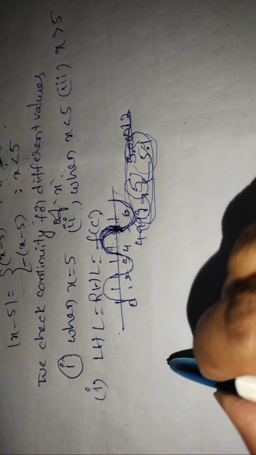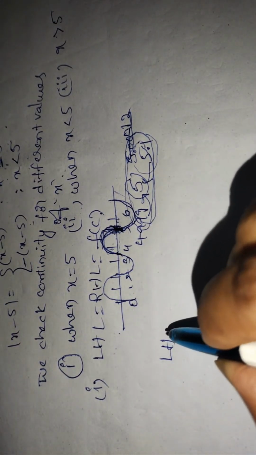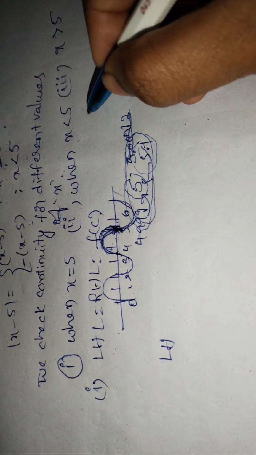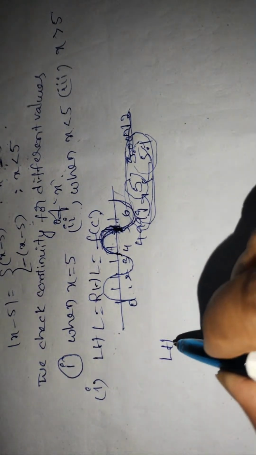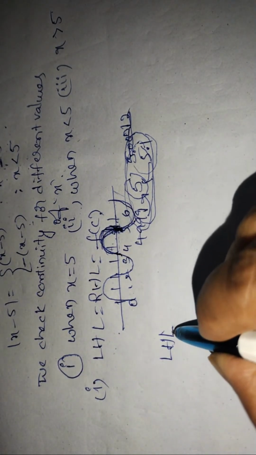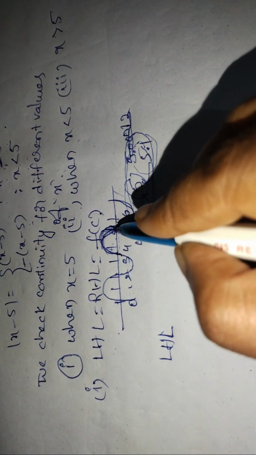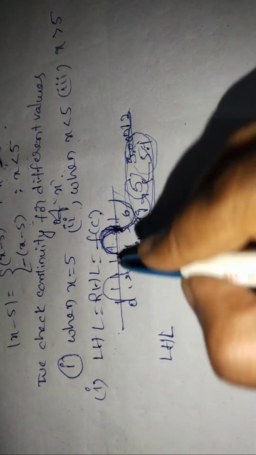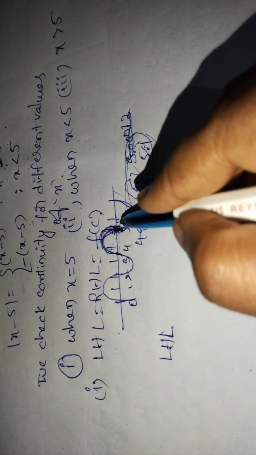So LHL means left hand limit, not LHS. Observe, left hand side is different; before I used LHS, where S means side. Here I will use LHL, where L is limit. Actually 5 is the limit. For 5, left hand limit means the left hand side, and for this limit, right hand.